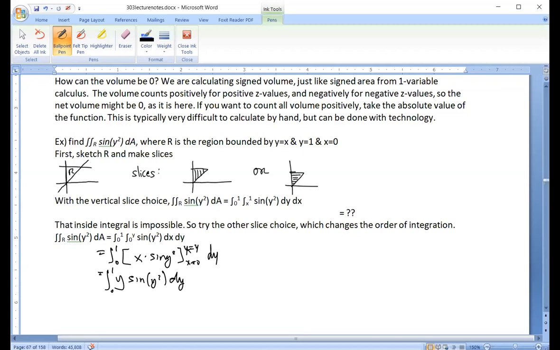Now that the integral has been set up this way, we can do a change of variable. Let u equals y squared, and then du equals 2y dy, or moving that to the other side, 1/2 du equals y dy.